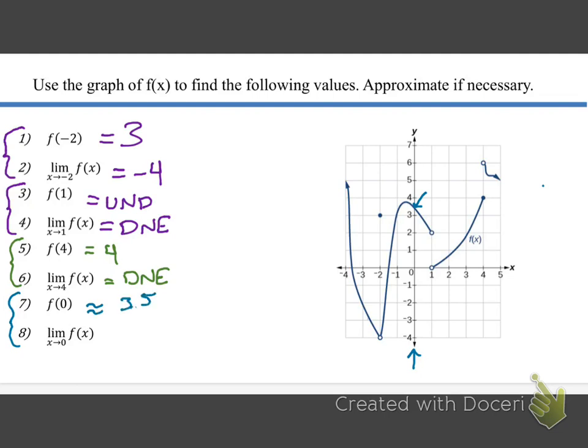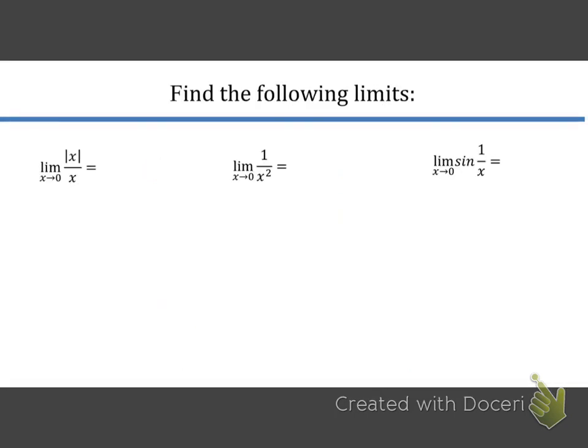It's my best guess. I can't do a decimal either. There we go. And again, the limit says what does it seem like should be there. As we come in from the left and as we come in from the right, it looks like it's also pointing at 3.5. So in this last case, the function value and the limit were actually the same thing because it pointed to and was defined at that same y value.